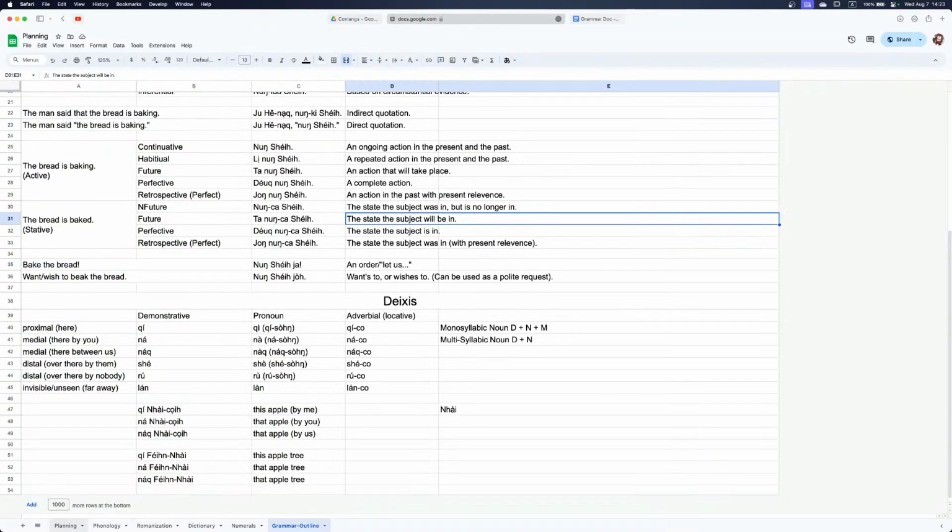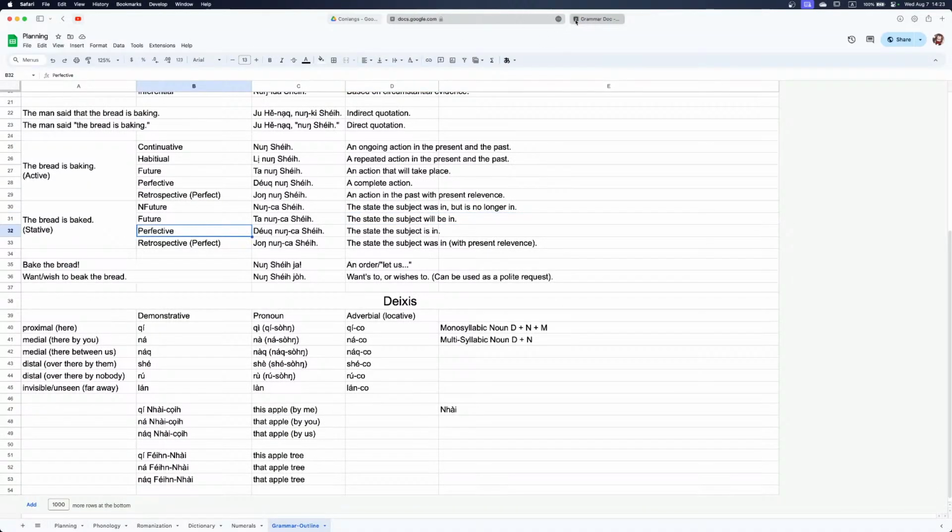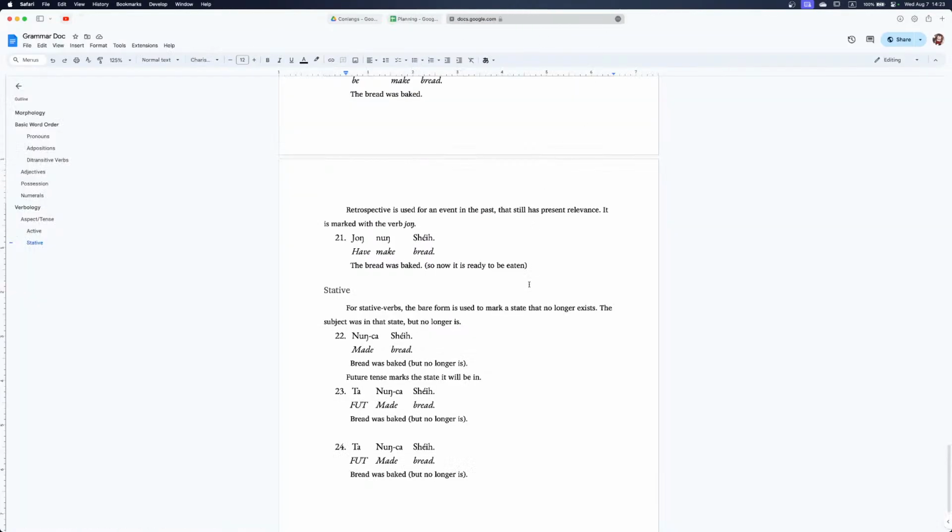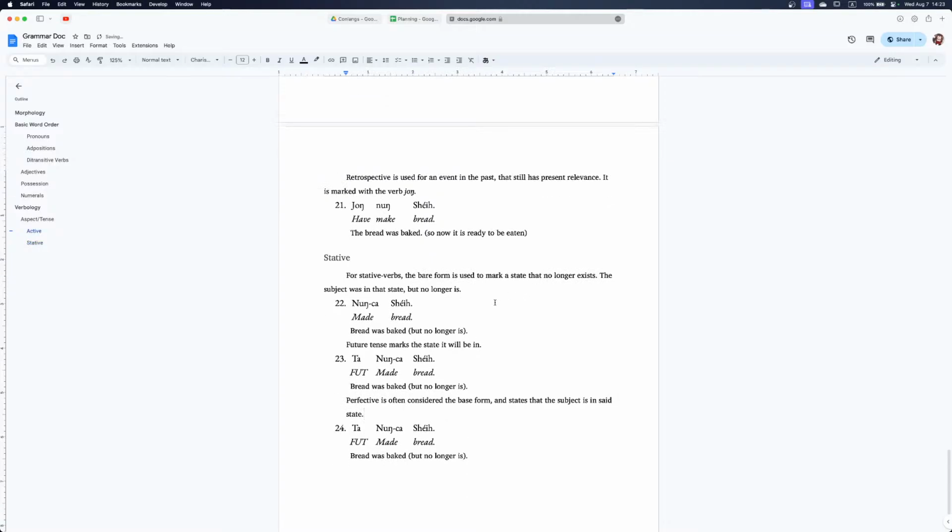And then next up is the perfective. Perfective is often considered the base form and states that the subject is in said state.